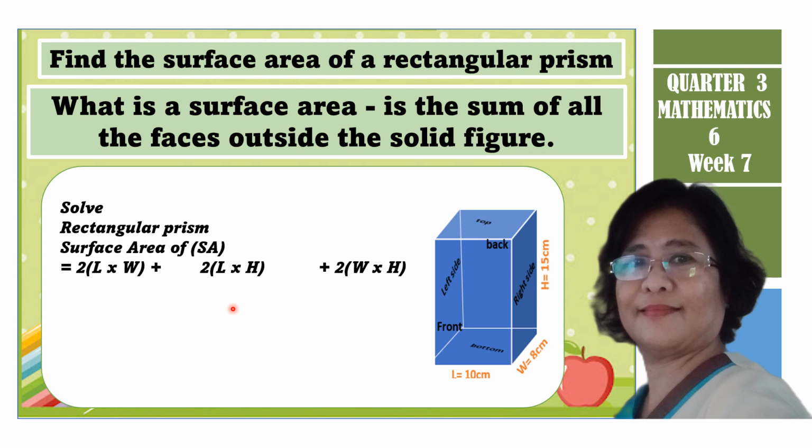So we have also times 2. And for the sides, we have the width and the height. So times 2. So our formula will be 2 length times width plus 2 length times height plus 2 width times height.